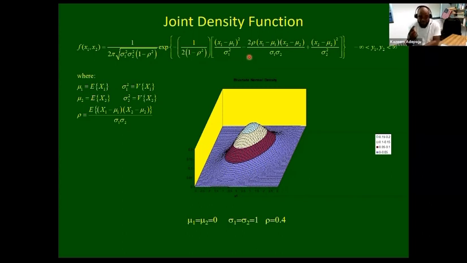Number one benefit: for instance, let's say x1 is height and x2 is weight. The doctor may believe there's a connection, a relationship between height and weight. In a situation where there's a connection, the correlation value is not going to be equal to 0.